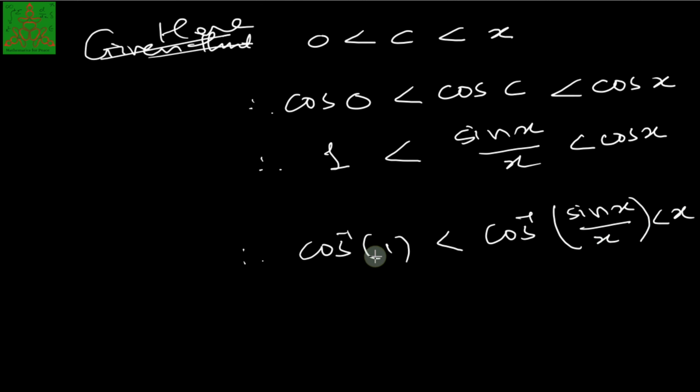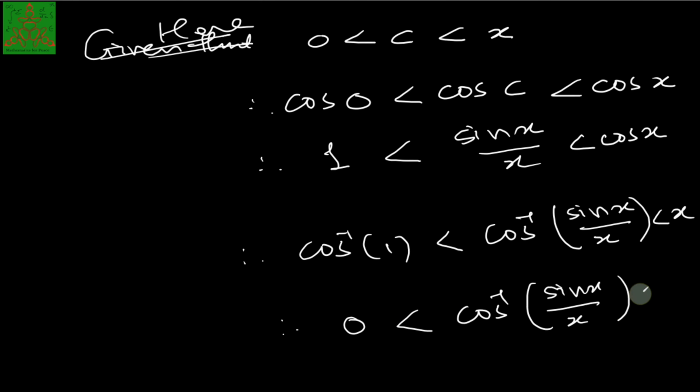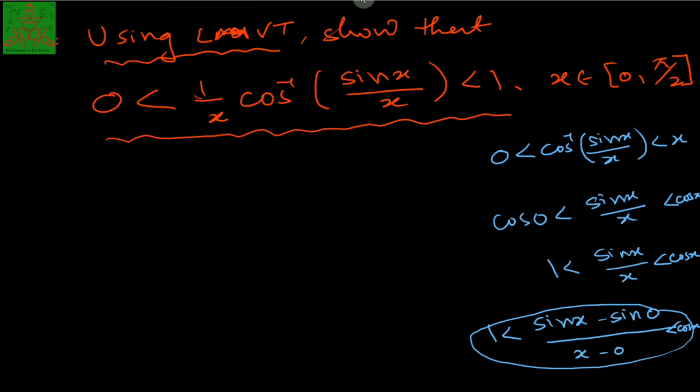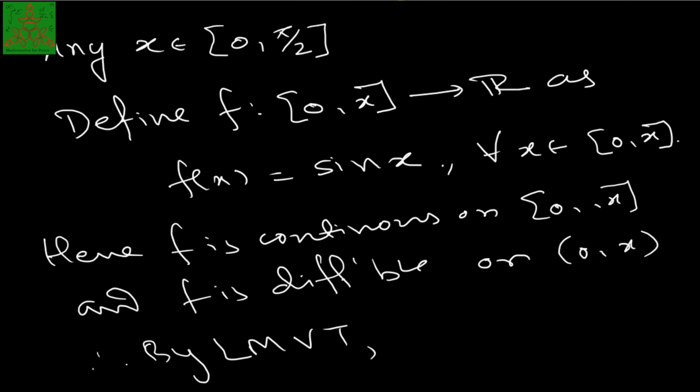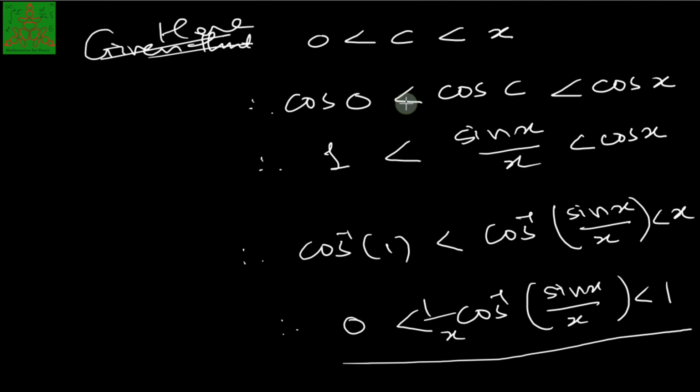Now cos inverse of 1 will give me 0. So that's why 0 is less than cos inverse of sin x upon x, which is less than 1, if I divide by x here. So hence we got this inequality. That is our objective, which we achieve from this.